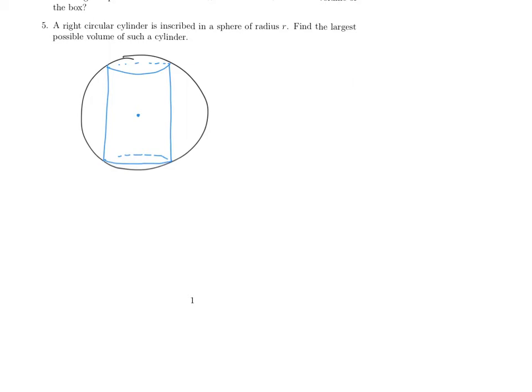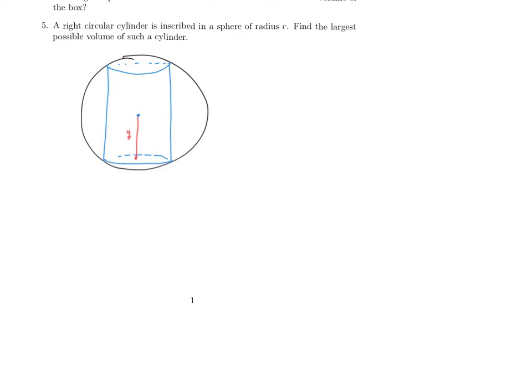So what we are going to need to do is introduce some notation and really try to exploit the fact that the sphere has a radius of r. So if we're sitting at the center of the sphere, we can draw a line down to where it hits the bottom of the cylinder. And if we call that distance y, the height of the cylinder then would be 2 times y.